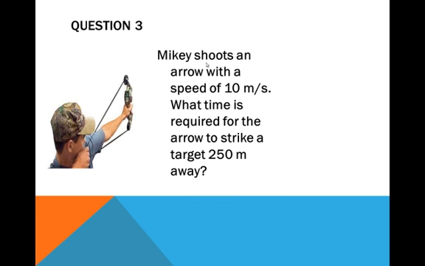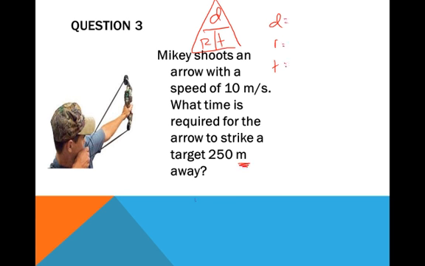This third question: Mikey shoots an arrow with a speed of 10 meters per second. What is the time required for the arrow to strike the target 250 meters away? So I'm going to write again D over RT, and then DRT over on the side here. So do I know distance?